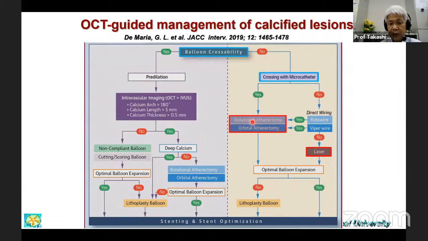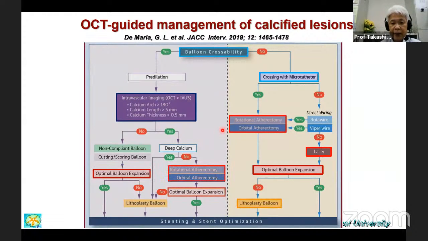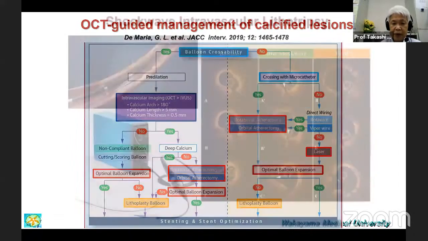And if it is not, laser might be the best way for ablation, right? And then optimal balloon expansion, and sometimes we have to use a shock wave, and then we could get a good stent implantation. If the scoring balloon crosses, you can use imaging, and then you can make a score and follow. I already explained you, right? And finally, you can make a crack and put a stent.